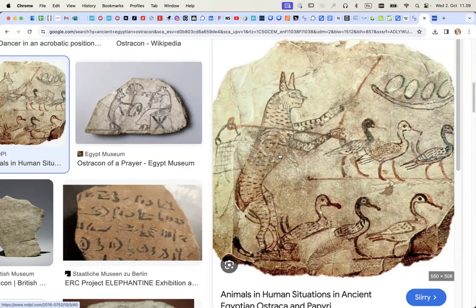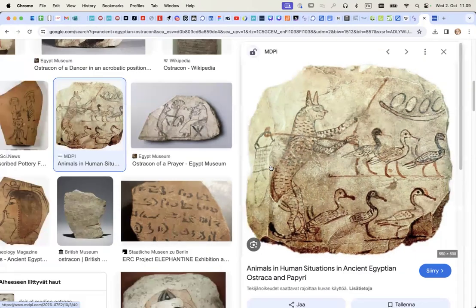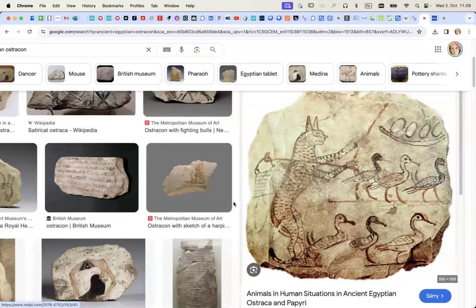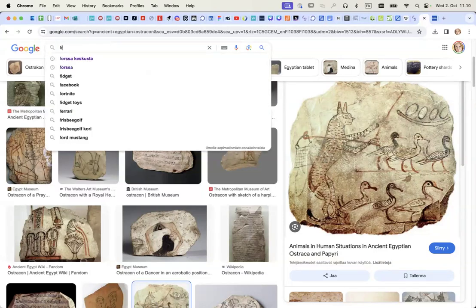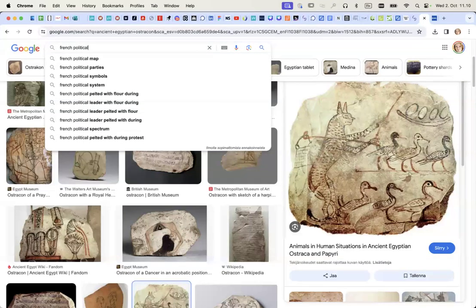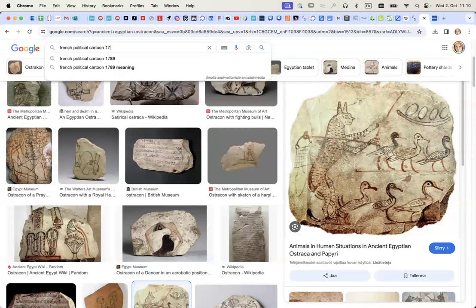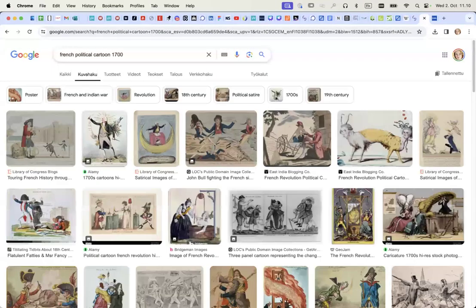Okay, I could go on and on with these, but let's have something more modern. Let's have, not ancient anymore, French political cartoons from the 1700s.